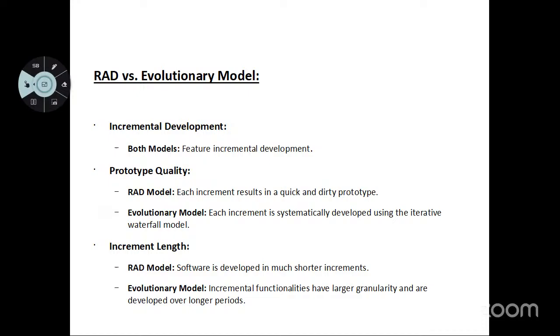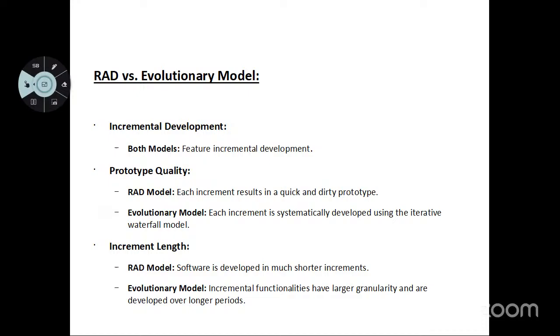So then we came to see the concept of the RAD model. So what is the RAD model? It is the combination of your prototyping model and your evolutionary process model. We are combining the process of the prototyping model and the evolutionary process models to build a particular project.